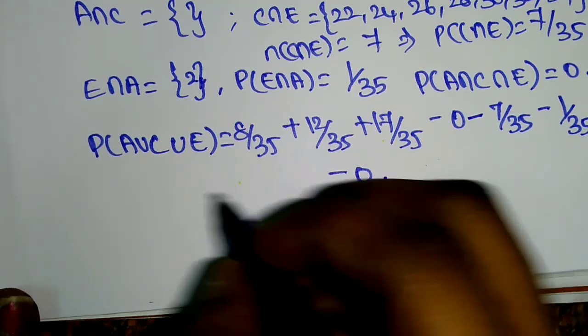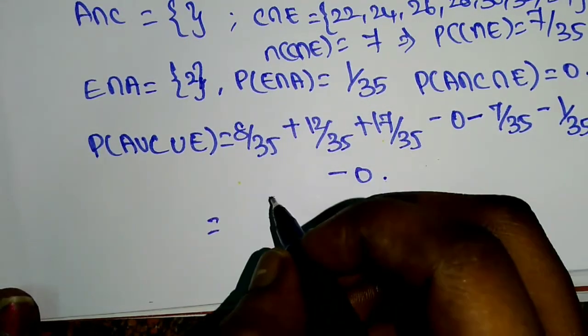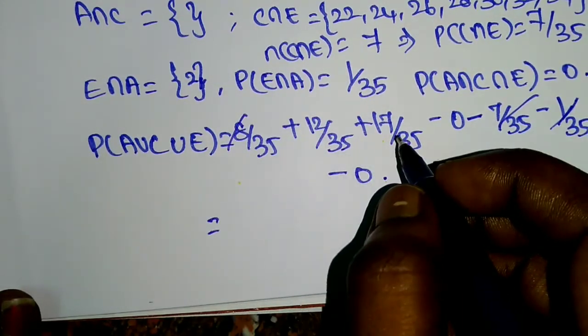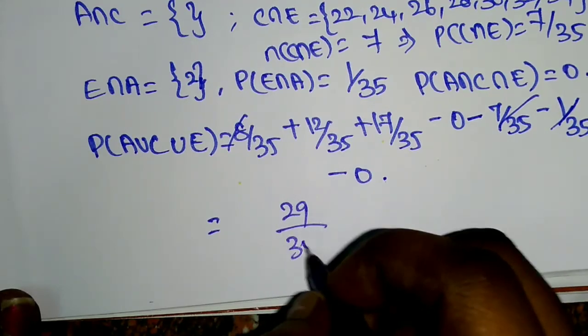So here we get, 8 cancels, so 12 plus 17, 29 divided by 35.